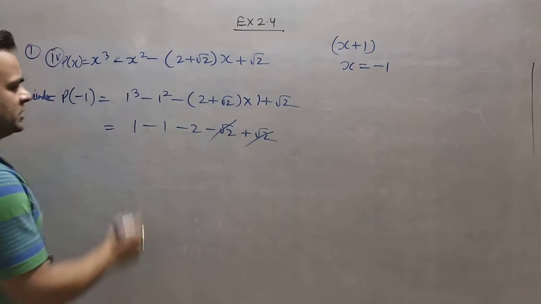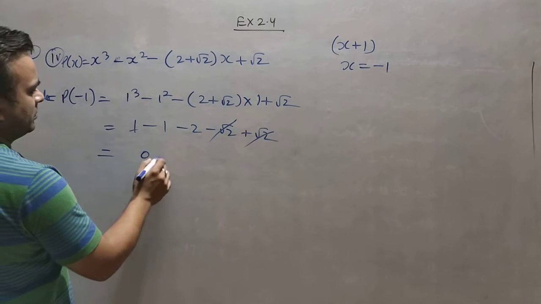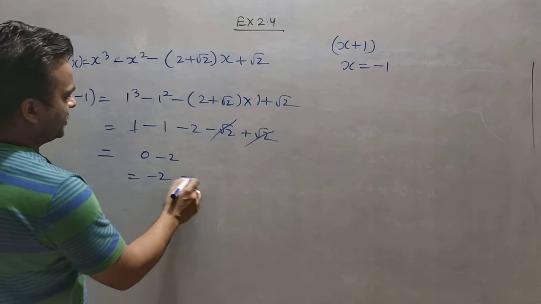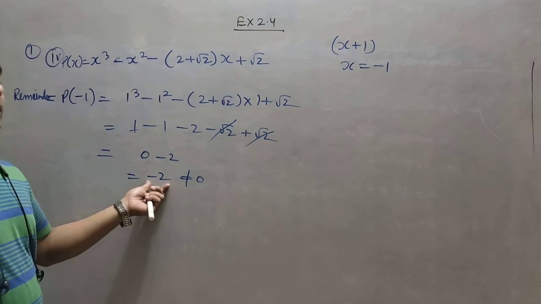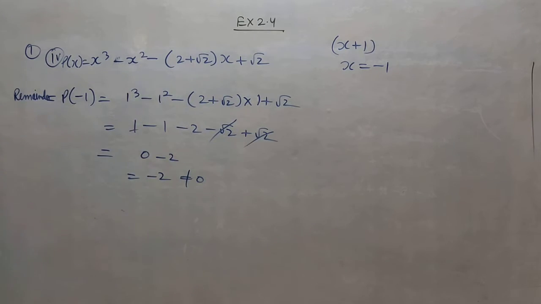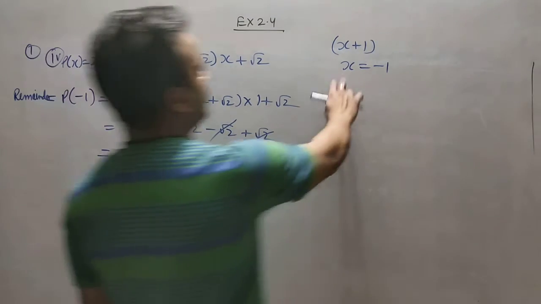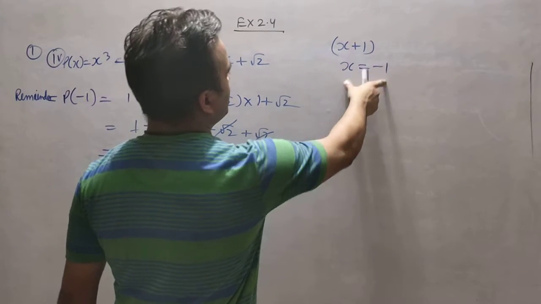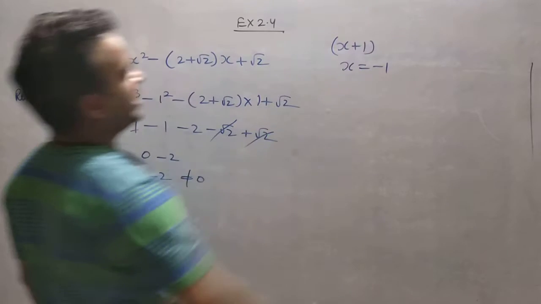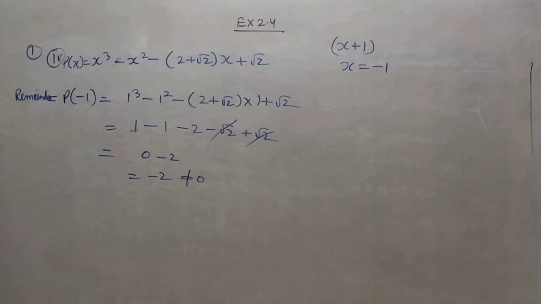You can see the roots cancel, and we are getting minus 2, which is not equal to 0. It means it is a remainder, yes, but it cannot be a factor. This x equal to minus 1 gives a remainder of minus 2, but it is not responsible for making x plus 1 a factor.